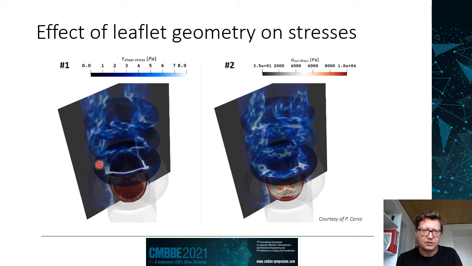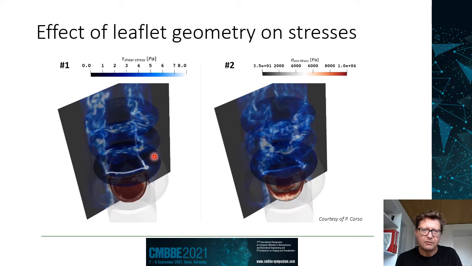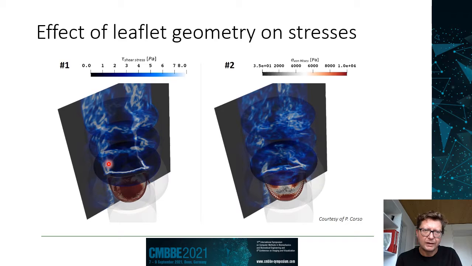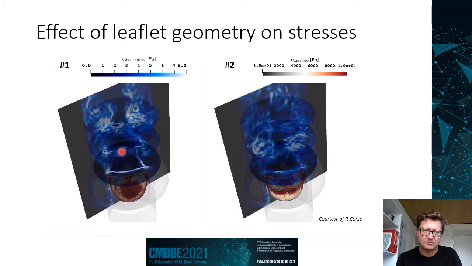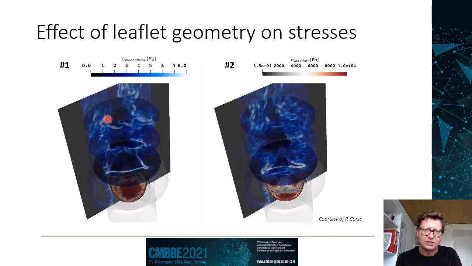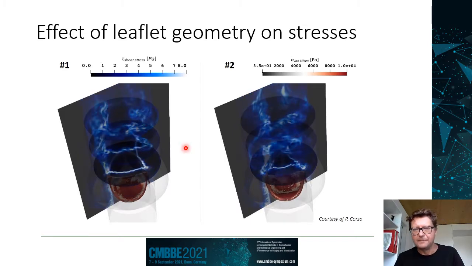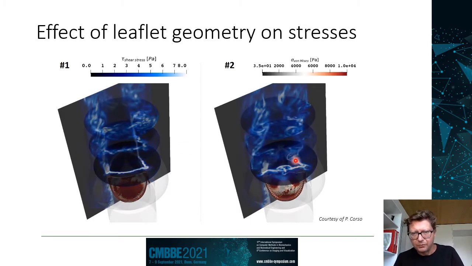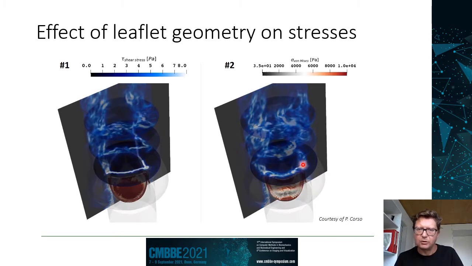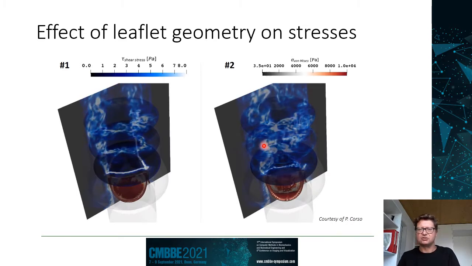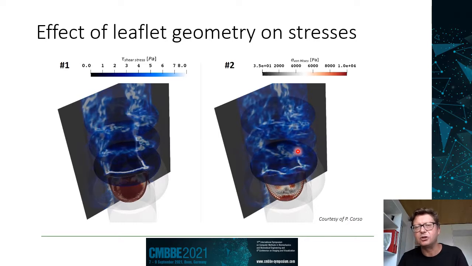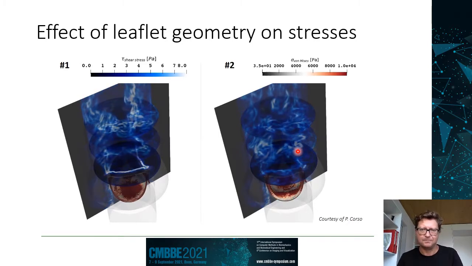Here in configuration number 1, without fluttering, we have relatively low levels of viscous shear stresses just past the valve, only elevated shear stresses a bit further downstream where we had the breakdown. And here in configuration number 2, we have much more intense viscous shear stresses, probably related to the breakdown of the vortex rings.